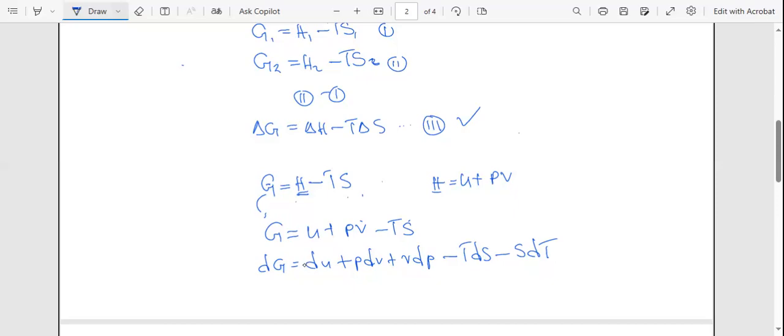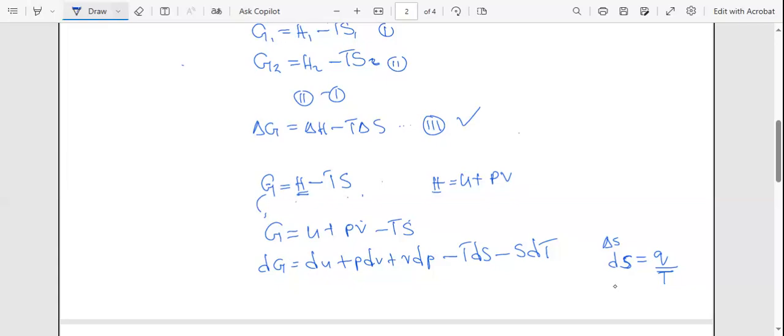Then we know that the change in entropy, dS, is given as the heat over the temperature. That's how we get the entropy.